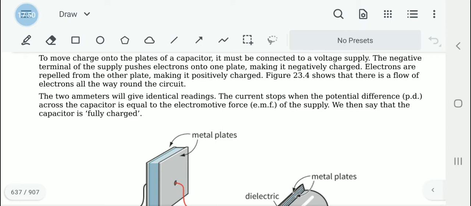When these two plates are connected to a voltage supply, the negative terminal of the supply will push electrons onto the negative plate, making it negatively charged.